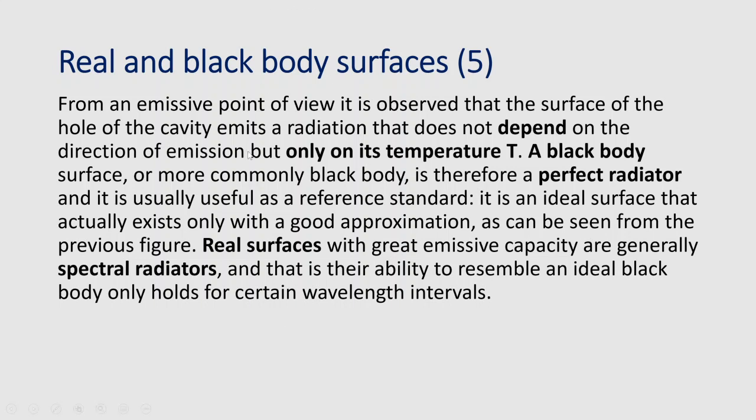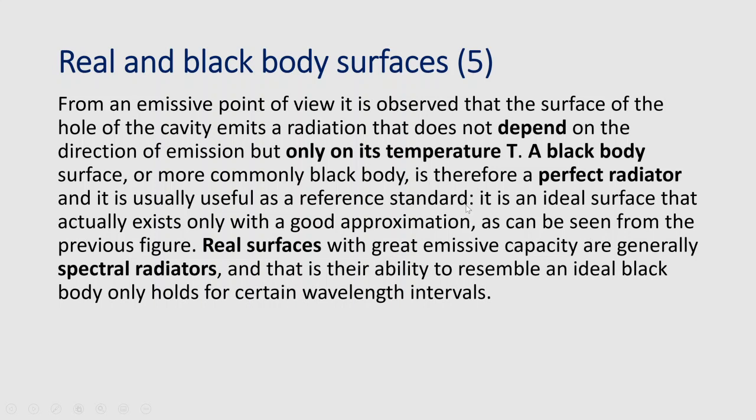So, from an emissive point of view, it is observed that the surface of the hull of the cavity emits a radiation that does not depend on the direction of emission, but only on its temperature T. A black body surface, or more commonly black body, is therefore a perfect radiator and is usually useful as a reference standard.